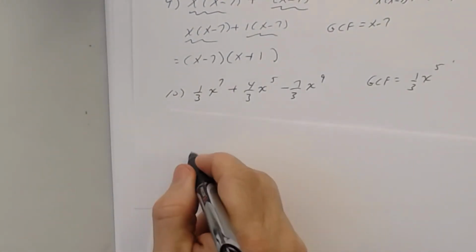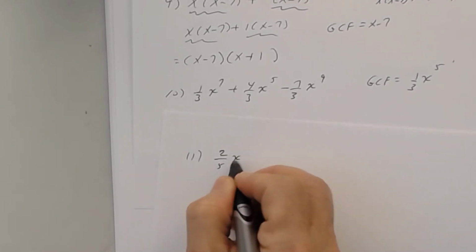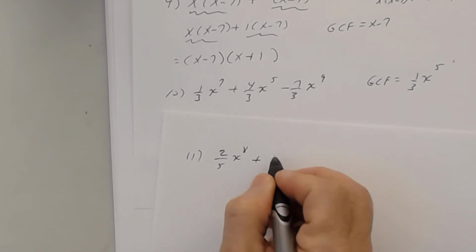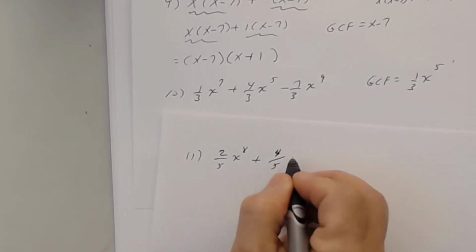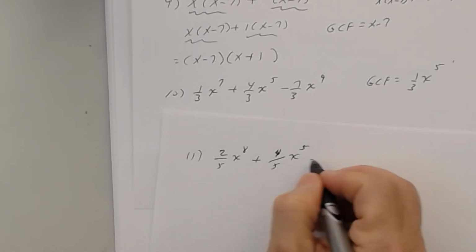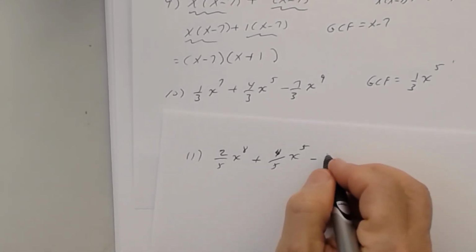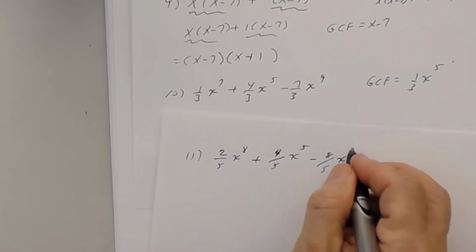So this was, let's say, just showing you. Suppose, and we can do one, but let's suppose number 11 was 2/5 x to the 8th plus 4/5 x to the 5th minus 8/5 x to the 9th.